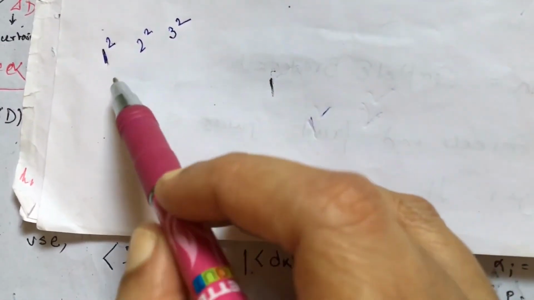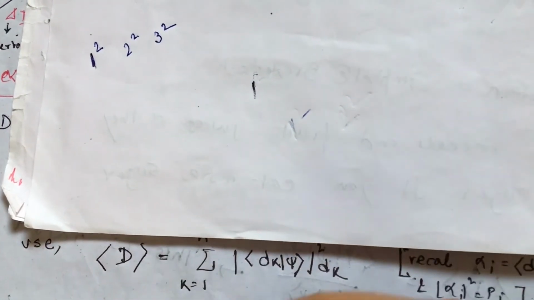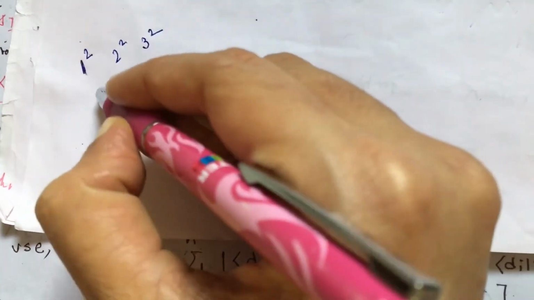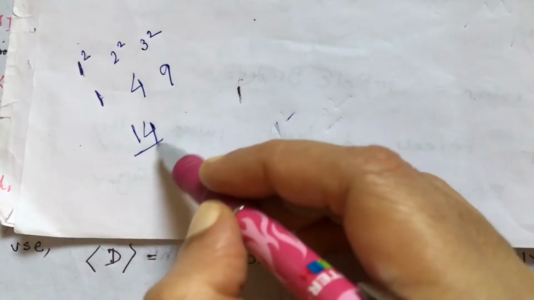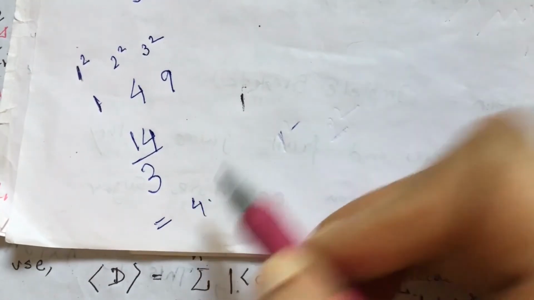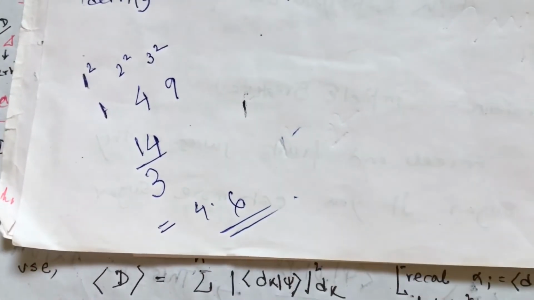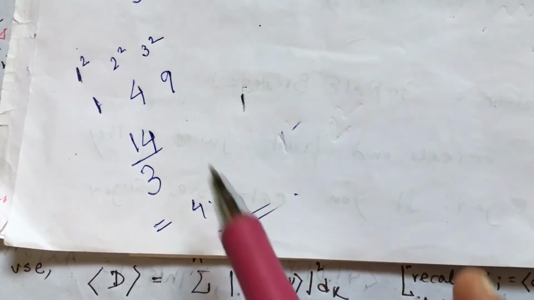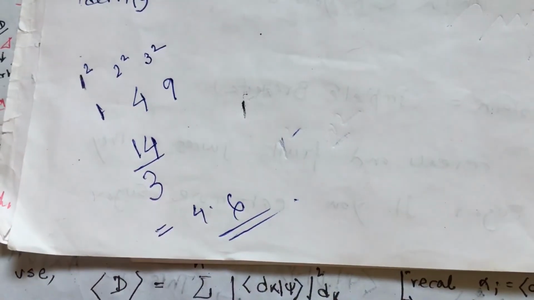Suppose I have the squares of three numbers. This is 1, 4 and 9, which sums to 14. 14 divided by 3 will give me about 4 point something, 4.6. This is the expectation value, or the average value, of the square quantities.